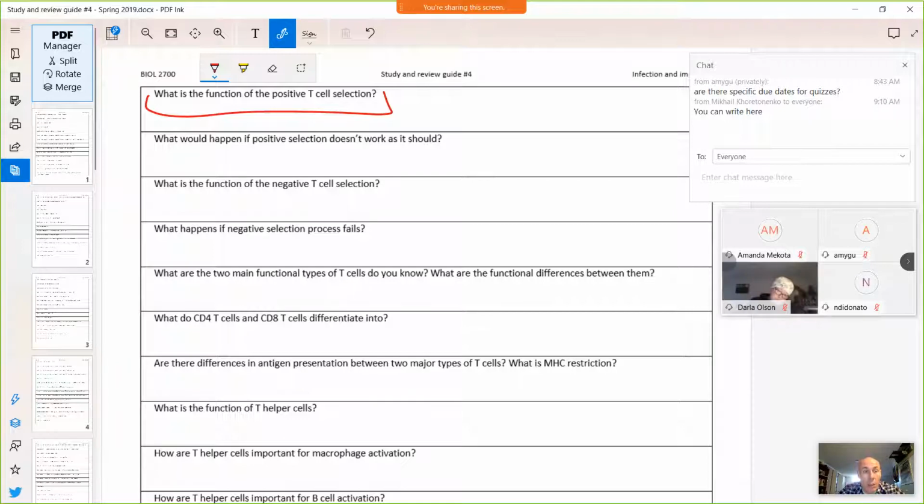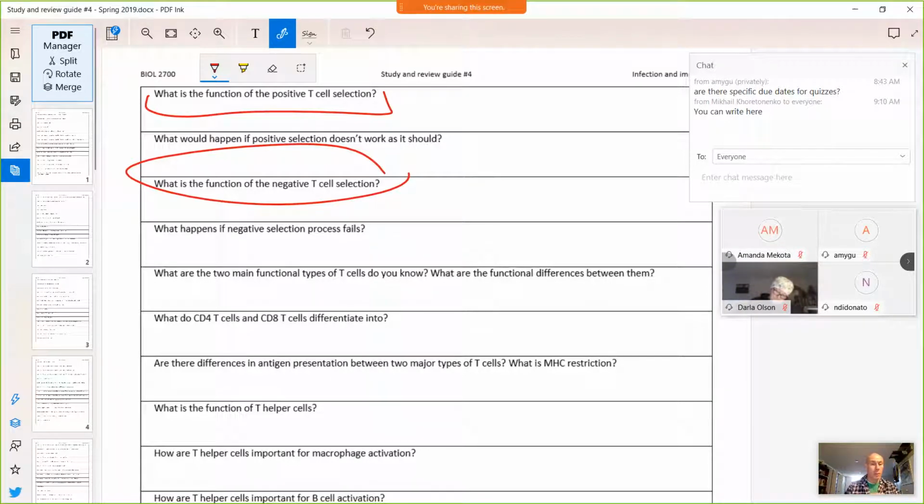If positive selection doesn't work, T cells become useless. They are anergic. They can't do anything. Negative T cell selection is to get rid of self-reactive T cells that attack our own tissues. If this process fails, we have autoimmune responses.